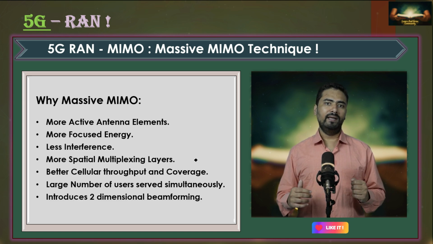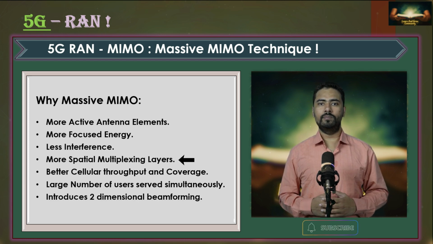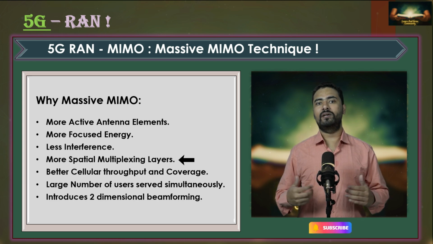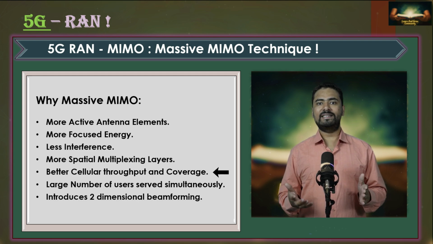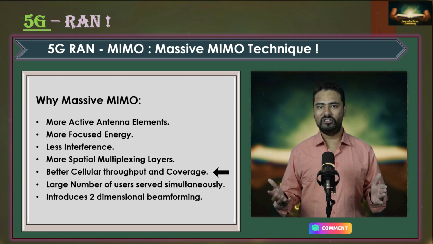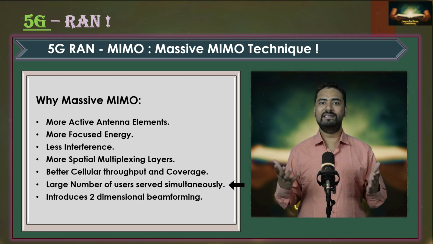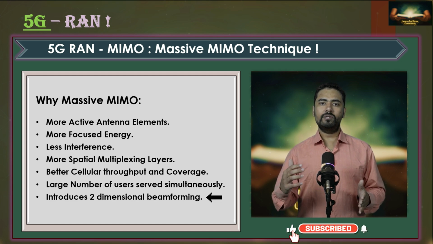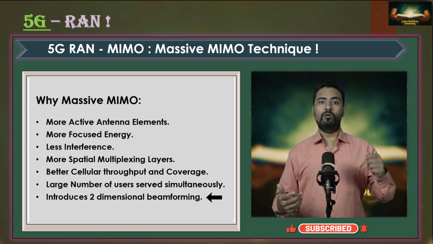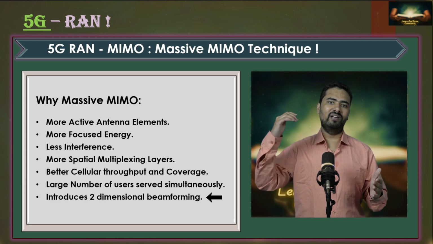Number four, in good SNR conditions, more spatial multiplexing layers are possible, so you can enhance the data transmissions. Number five, massive MIMO improves cellular network throughput and coverage. Number six, massive MIMO can serve more users simultaneously. Number seven, massive MIMO supports two-dimensional beamforming, so it offers better signal precision in both horizontal and vertical planes.